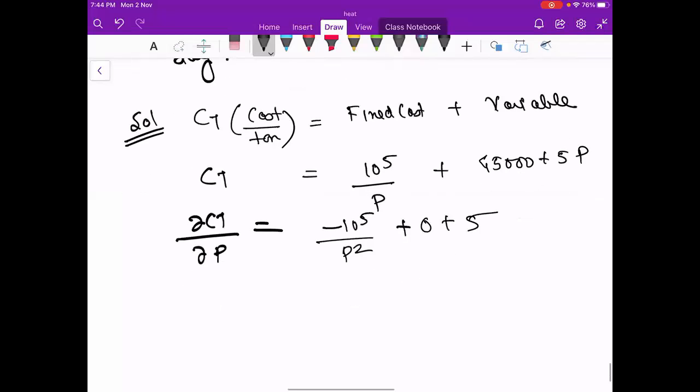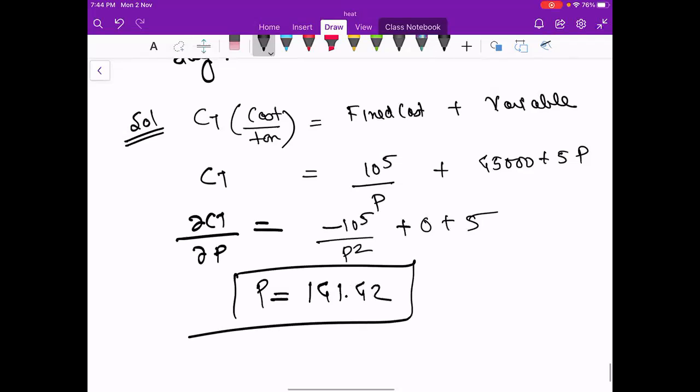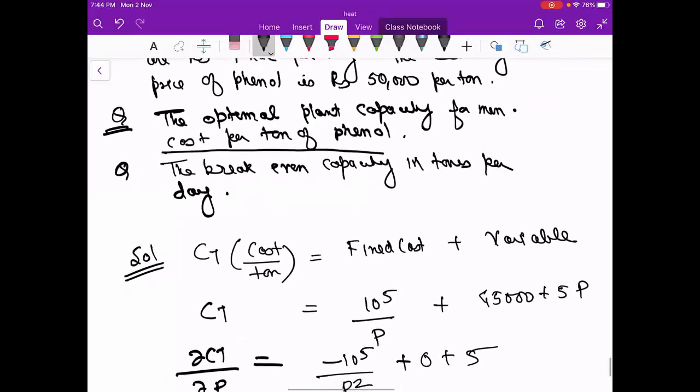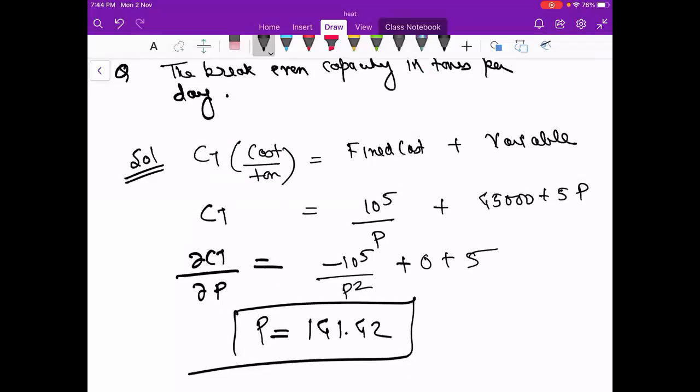Setting it to zero, p comes to 141.42. Everyone got this? Yes or no?